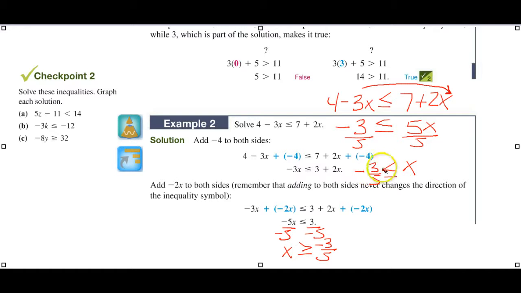Now notice they get the same answer, but here you'd have to read it from the right to the left. Here you're reading it from the left to the right, but it's still x is greater than or equal. So a little technique that you may or may not want to use, trying to keep your variable positive, and that way not having to reverse the sign by dividing by a negative.